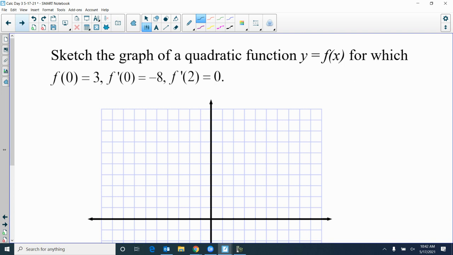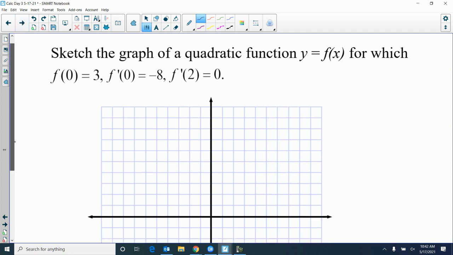They also said f prime of 0 is -8. That has to have a negative slope.